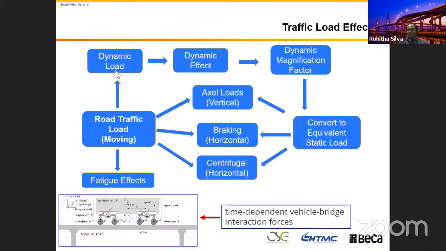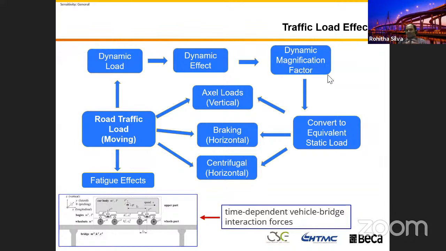The dynamic load, the bridge and the bridge deck and the vehicle interaction, with a lot of experiment and testing, they use this interaction. When the vehicle is moving along the bridge, the static effect, how are we going to convert to a dynamic effect? We are going to multiply by a dynamic magnification factor.